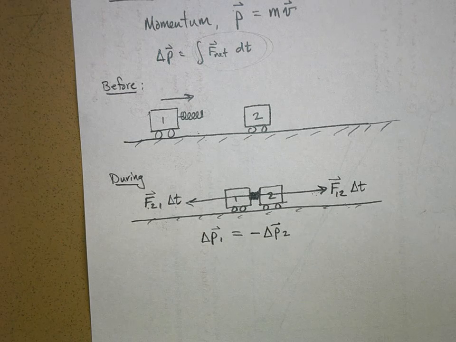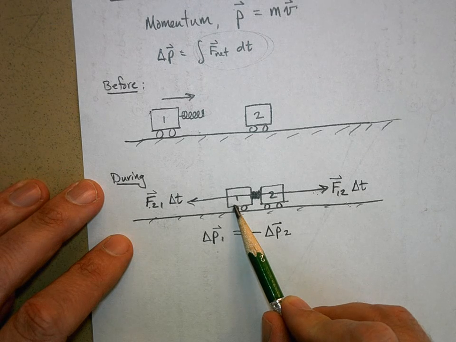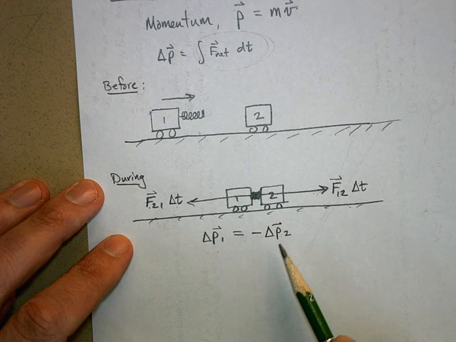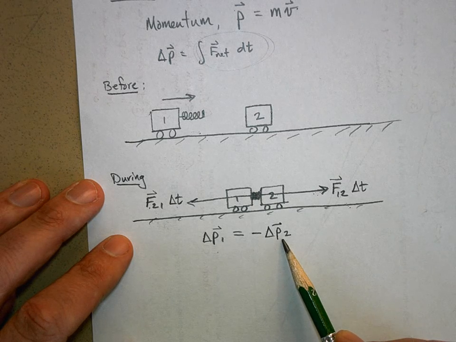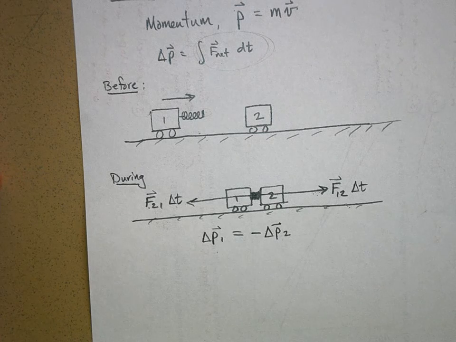The impulse momentum theorem and Newton's third law combined together tell us that the change in momentum of object 1, because of the collision, will be equal to the change in momentum of object 2, but in the opposite direction. Really a big idea.